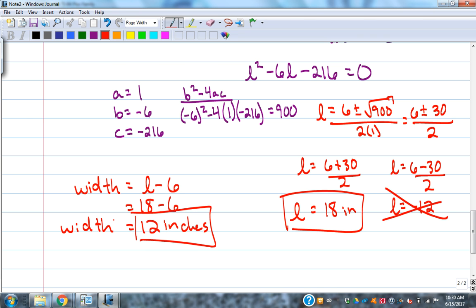Okay. So we use that length that we found to get the width, which is what they actually asked for. All right. So there's using the quadratic formula to help us solve an application problem. Really not bad at all. Okay.